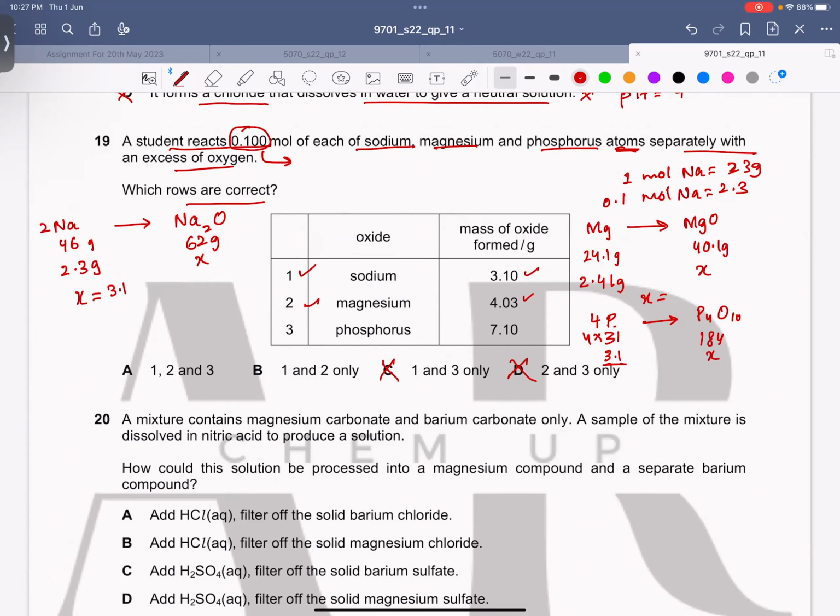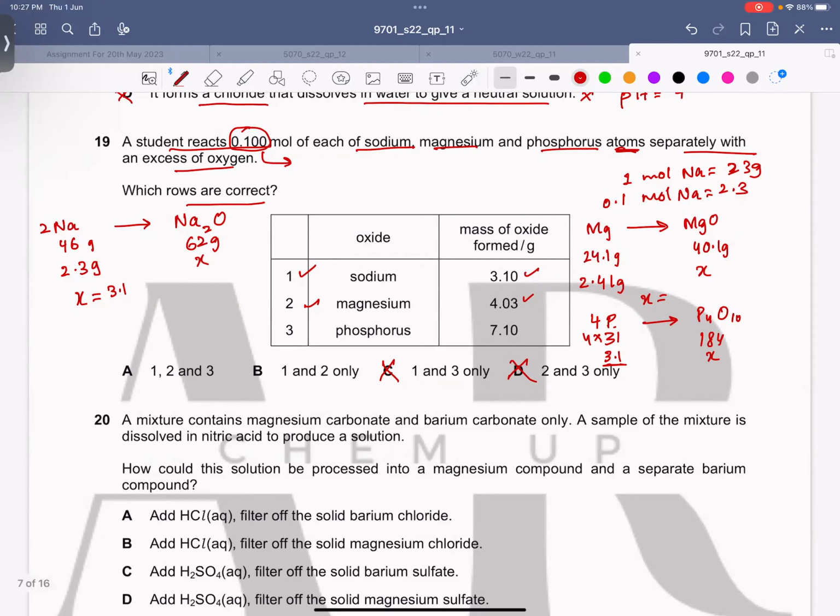Yes, can anybody tell me the value of X in this case? We are doing with 3.1 and 4 times 31 because we are taking moles of phosphorus atom. So if I'm taking 0.1 mole of phosphorus atom, then its mass would be 3.1. Yes, please, can anybody tell me the value of X over here?